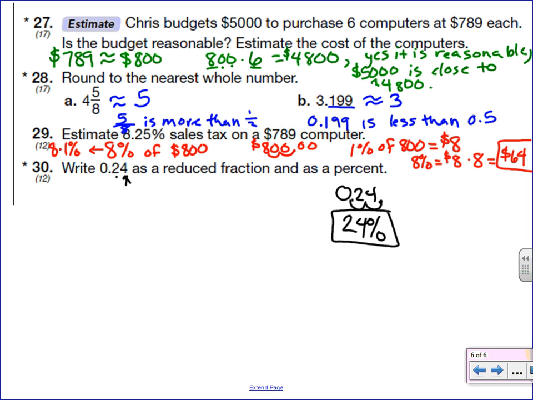So I'm going to write that as the fraction 24 hundredths, just like I would read it. So now to reduce it, I'm going to recognize that both 24 and 100 have a factor of 4 that can be pulled out. 24 divided by 4 is 6. 100 divided by 4 is 25.